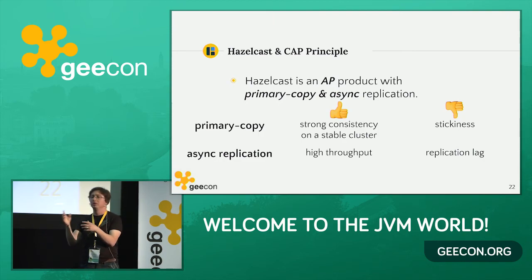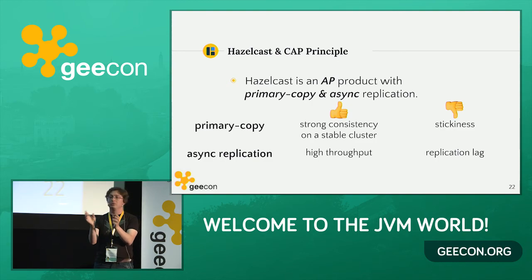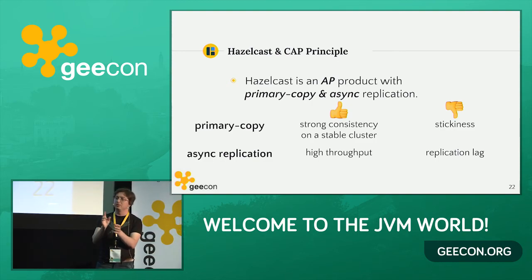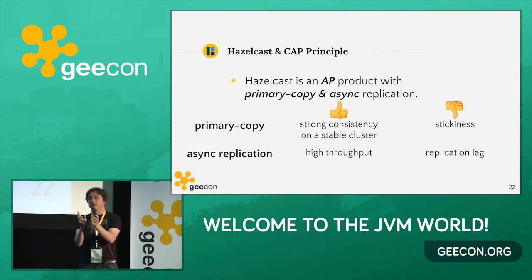In our system, because of this async replication technique, there can be replication lag, which means that the primary and backups can have different states. Some backups can miss some updates sent by the primary because of temporary failures.